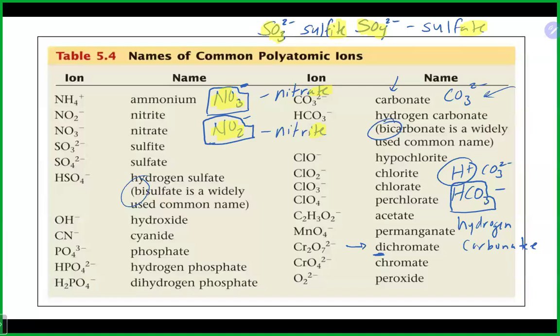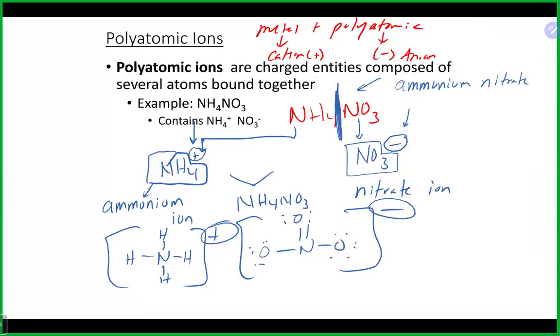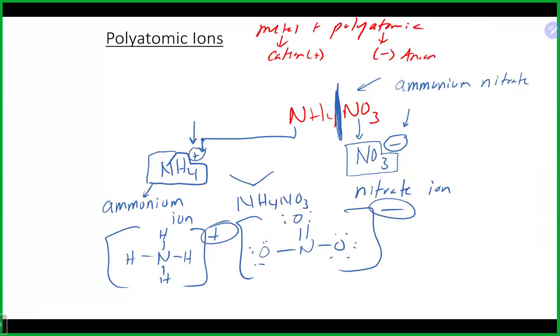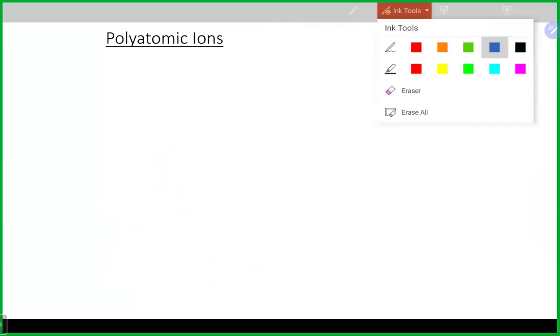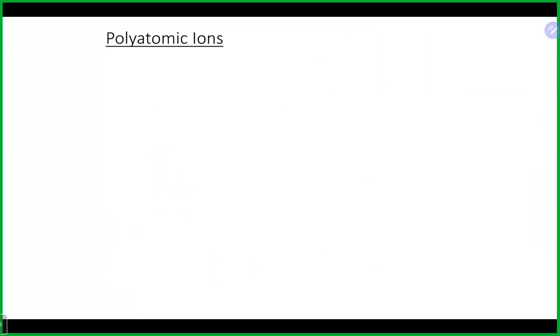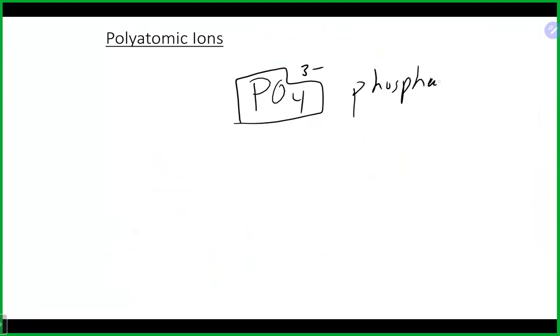So, like I said before, a really good way to remember it is just to know how to adjust it. So, if I had PO4 3 minus, which is phosphate, and I needed phosphite, it should have one less oxygen.